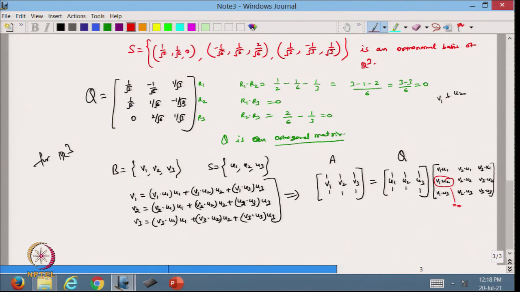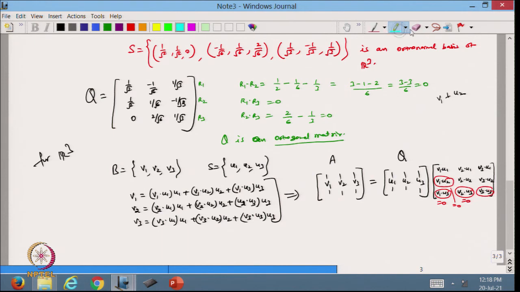Similarly, V1 dot U3 is 0, so this is also 0. Now in the next row, V2 dot U1, V2 dot U2 and V2 dot U3, that is 0, so this is equal to 0.